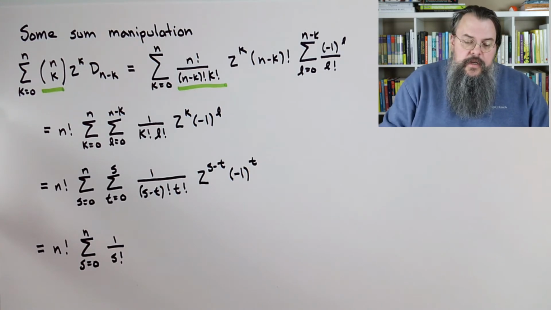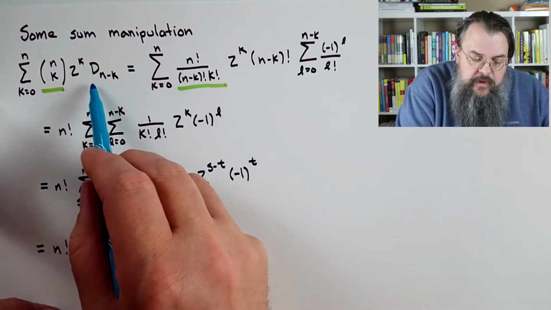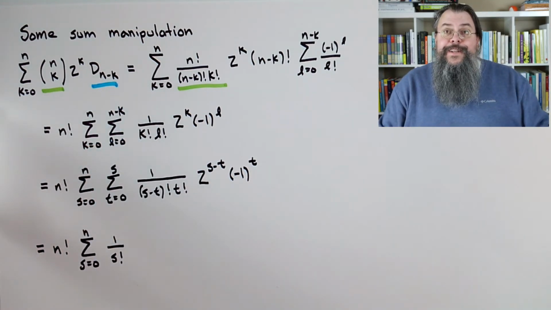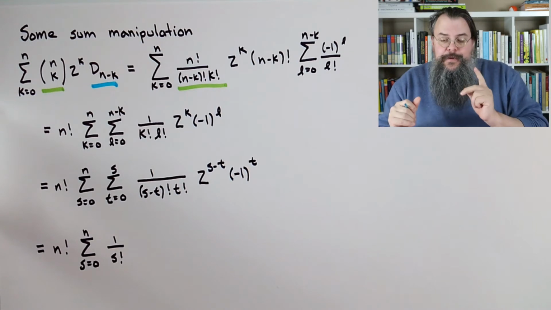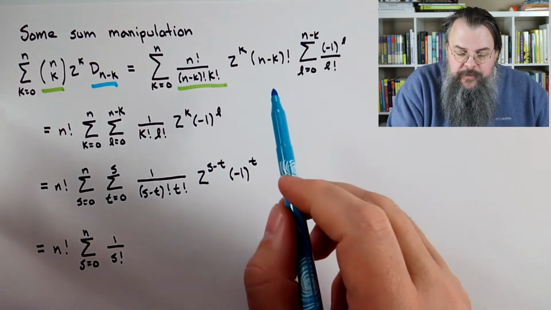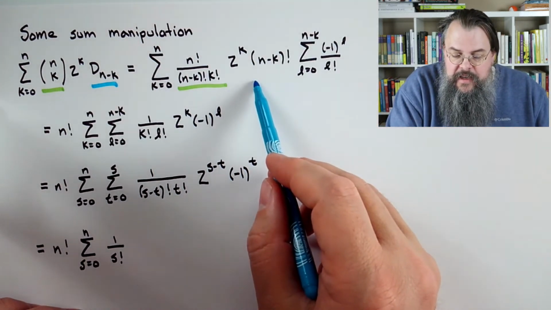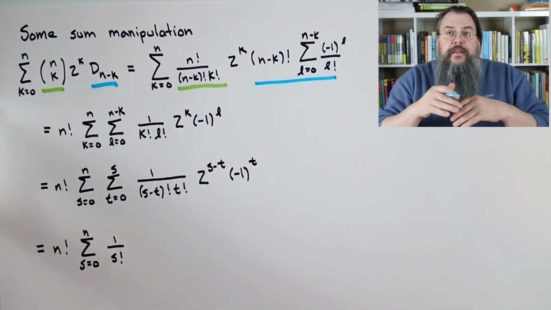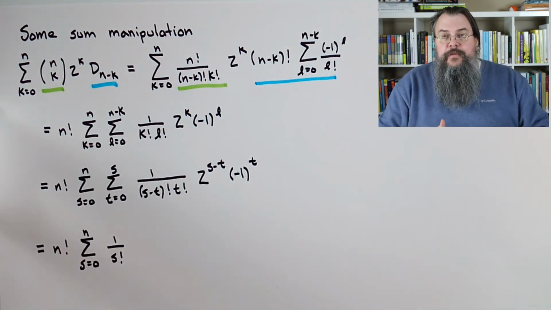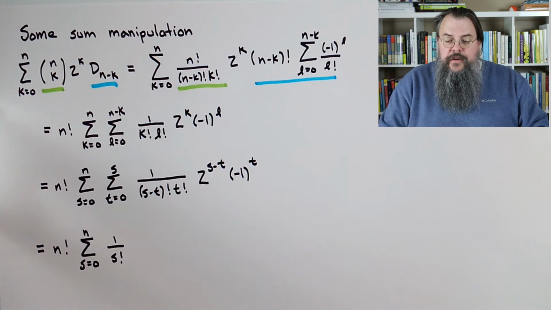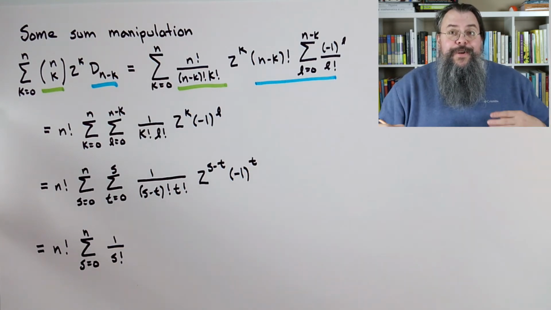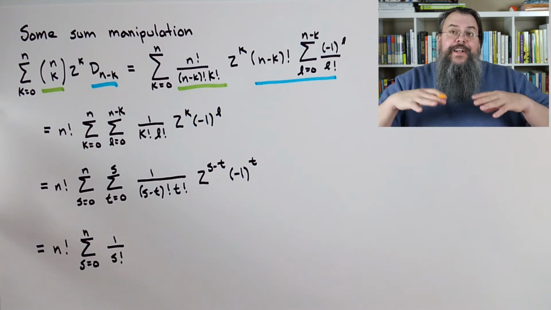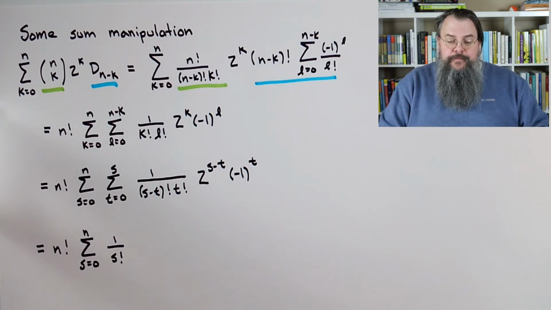And the number of derangements, well, we have a formula for that. You might say n factorial over e, but actually we have a more technical formula: n minus k factorial times the sum, L equals 0 to n minus k, of minus 1 to the L over L factorial. Great, we've got a start. Now let's work on cleaning things up.